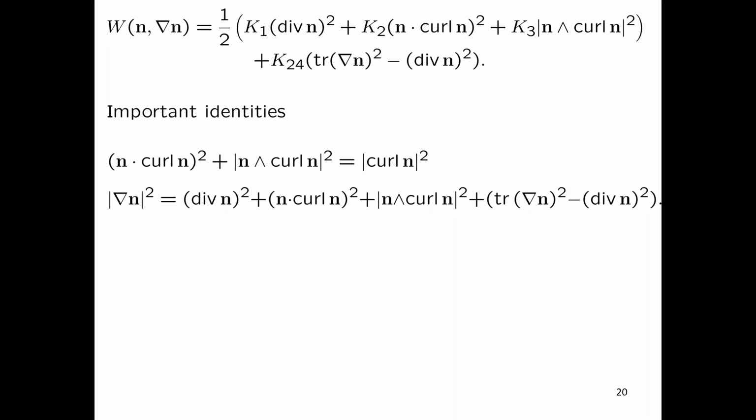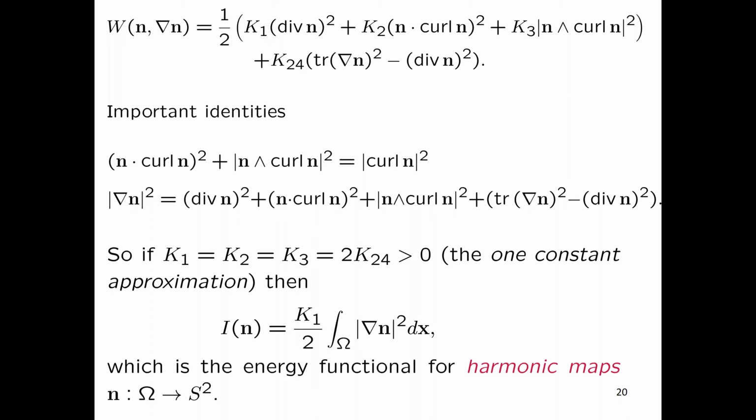Okay, so these are important identities, and so that means that if K1, K2 and K3 are all equal, and equal to 2K4, to K2 times K24, that means that we have exactly K1 over 2 the gradient of n squared, right? And that's the so-called one constant approximation.